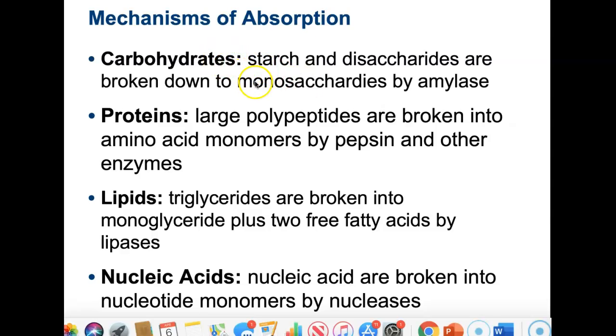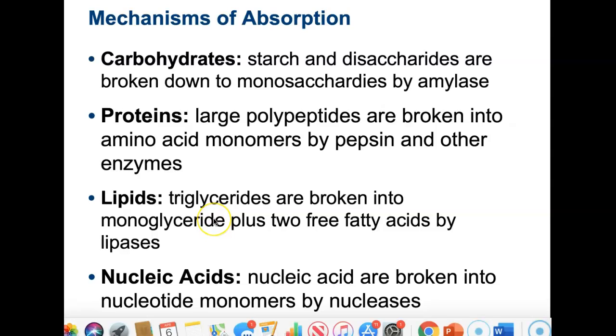Remember, carbohydrates are broken down into simple sugars by amylase. Proteins, we're going to break them down into amino acid monomers. Lipids, we're going to break down triglycerides into fatty acid tails. And nucleic acids, we want to break those down into single nucleotides.